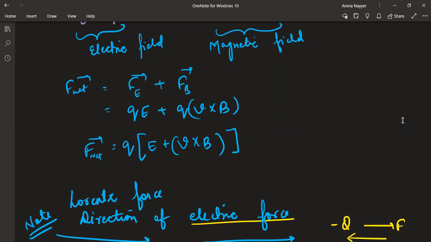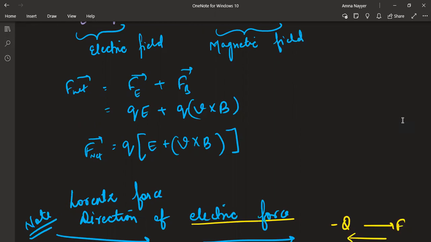This is the formula for electric force. So if a charge is kept in an electric field, you will just use the formula qE. If a charge is kept in a magnetic field, you will use the formula q (v cross B). So when you add both the forces, you get q(E plus v cross B). This is known as Lorentz force.